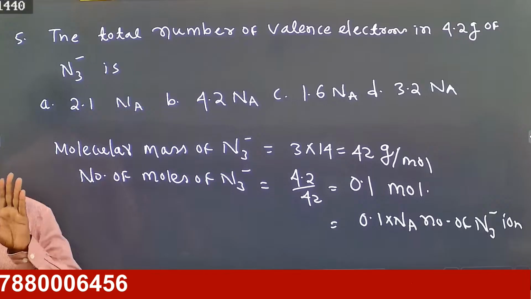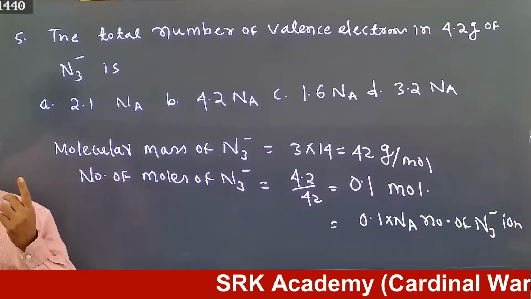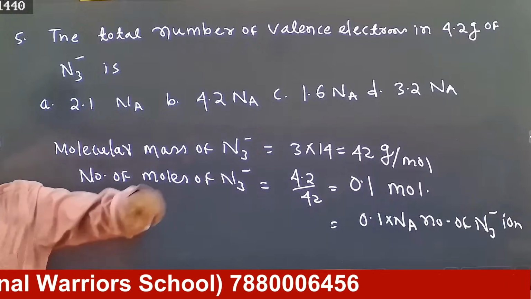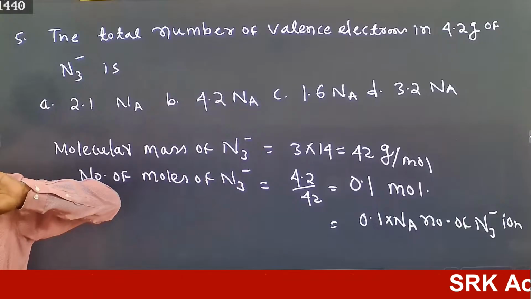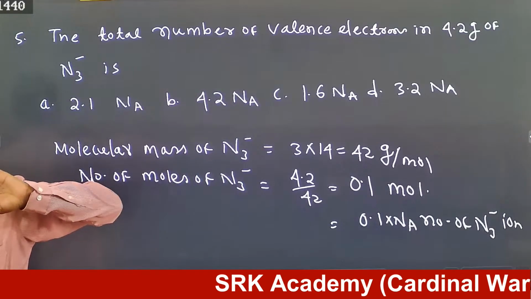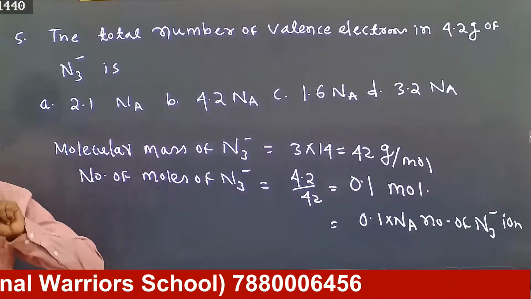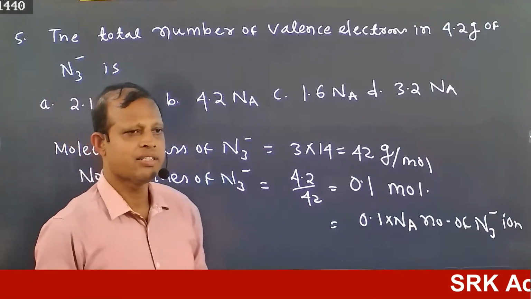Nitrogen, what is the atomic number? 7, so 5 valence electrons. One nitrogen atom has 5 valence electrons. N3 minus means there is an extra electron. So 5 into 3 plus 1 means 16. One N3 minus ion has 16 valence electrons.